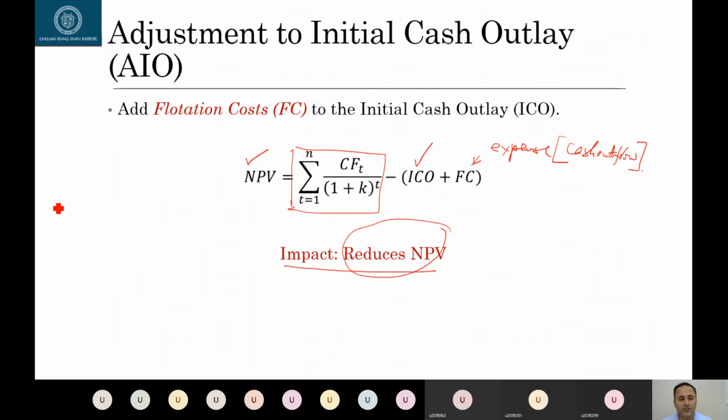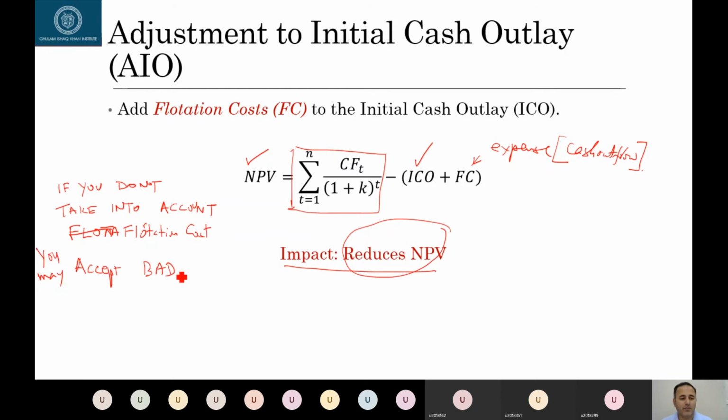Okay, so if you do not take into account flotation cost, and the reason I'm writing it for you, it's important, you may accept bad project.